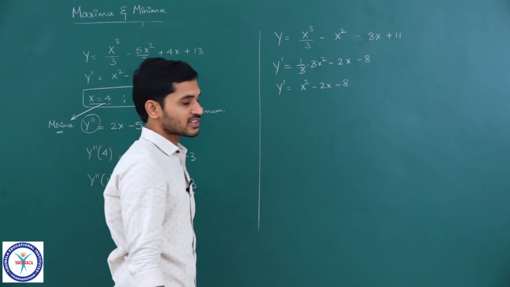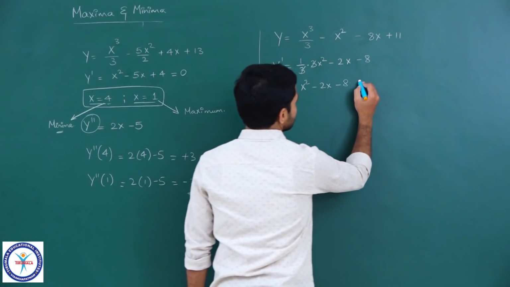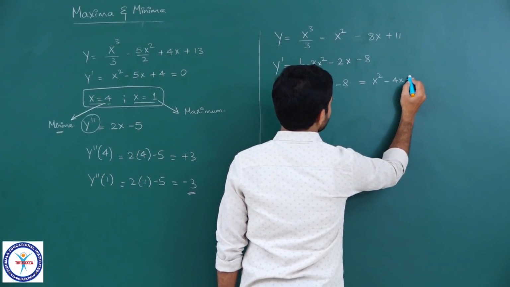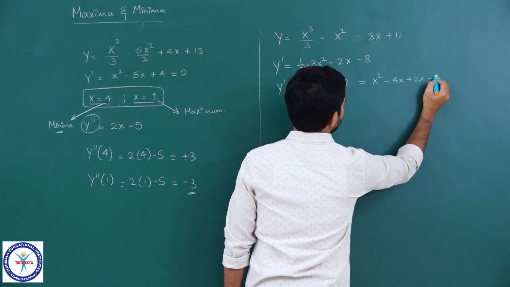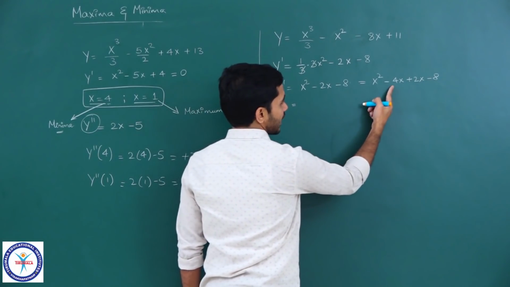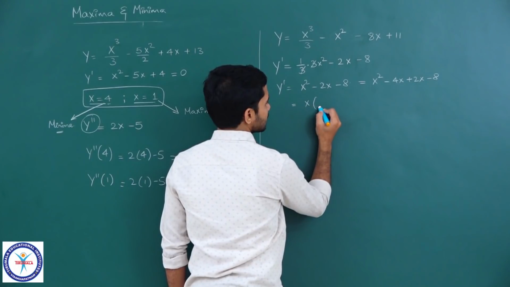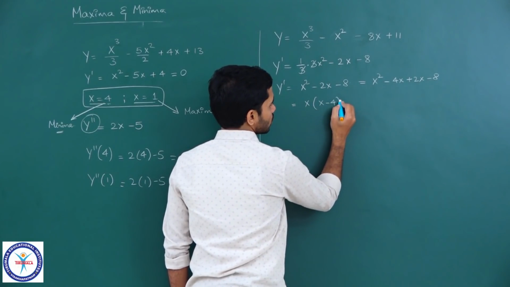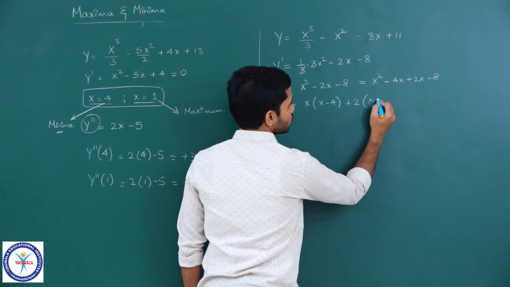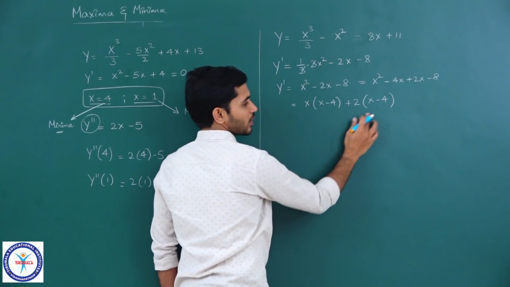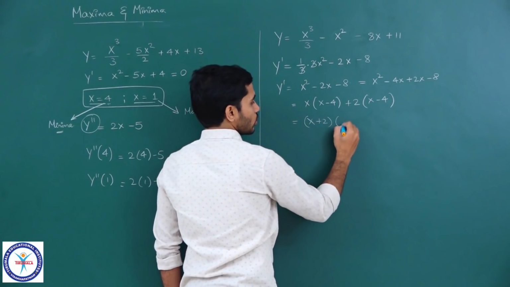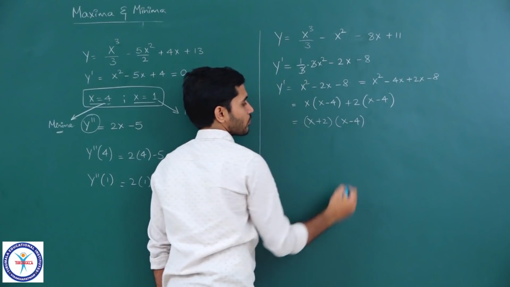Can you factorize this? I think I can write this as x square minus 4x plus 2x minus 8, correct. If I take x common from here, I will get x into x minus 4, plus here if I take 2 common, I will get 2 into x minus 4. So, x minus 4 is common. So, x plus 2 into x minus 4, correct.